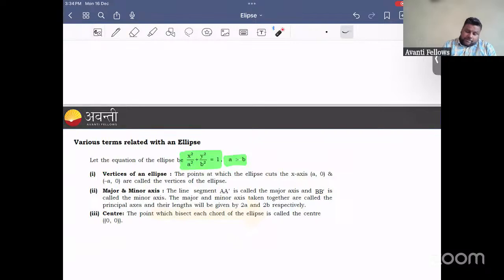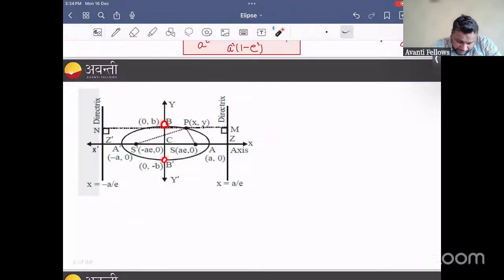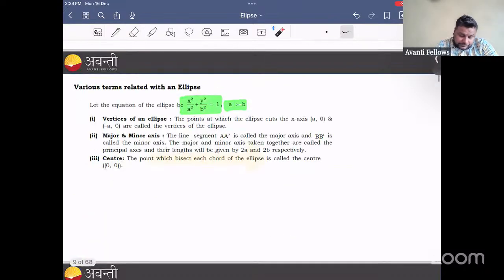So a comma 0 and minus a comma 0 are called the vertices of the ellipse. This b or minus b, they are not called the vertices. Vertices are on the line joining the foci. Wherever this line intersects the conic are called the vertices. So vertex is simple.